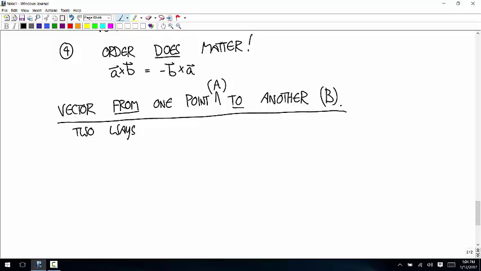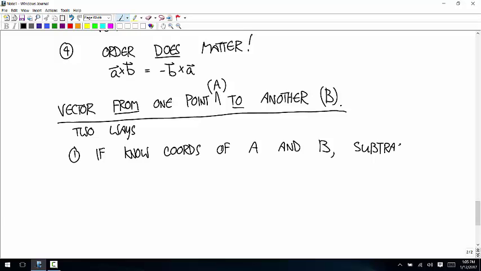Sometimes one's easier, sometimes the other is easier. First, if you already have the coordinates of the two points, then you can just subtract the coordinates.